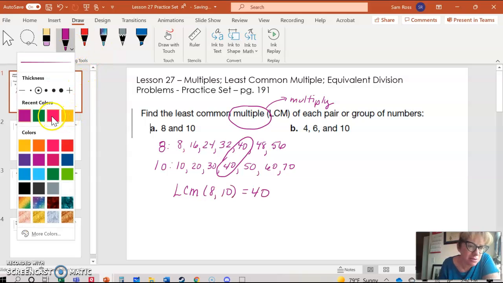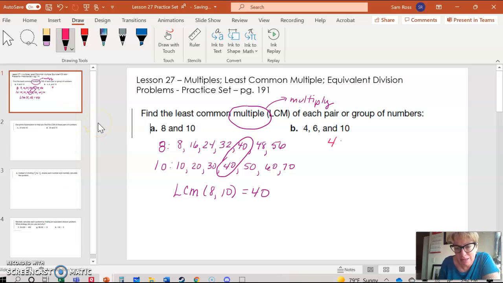Let me change colors really quick. All right, let's do 4, 6, and 10. So 4 times 1, 4 times 2, 4 times 3, up to 4 times 7. All right, let's do 6. 6 times 1, 6 times 2.